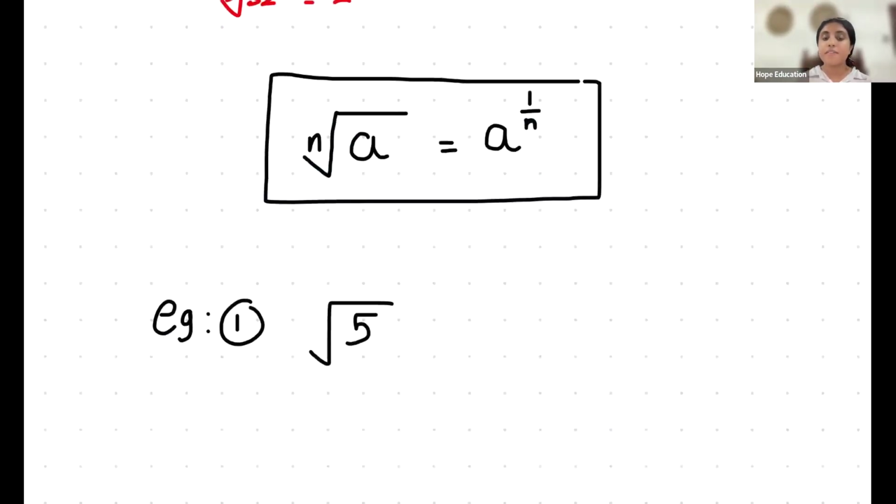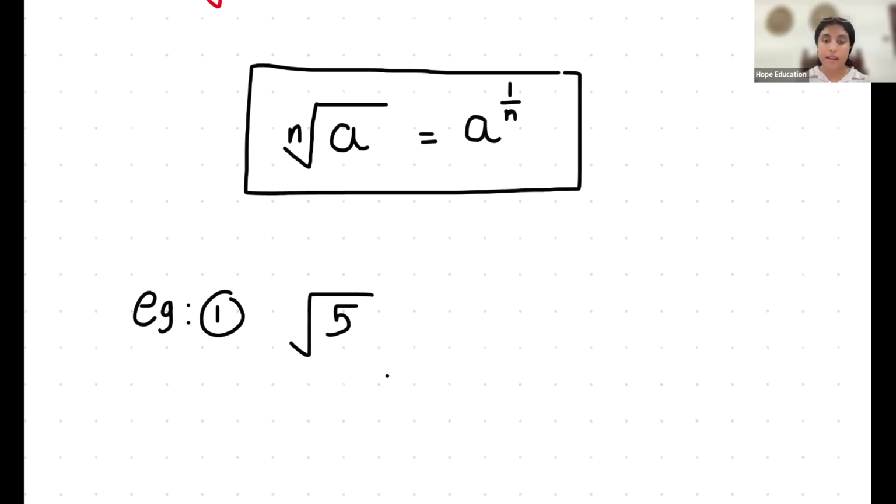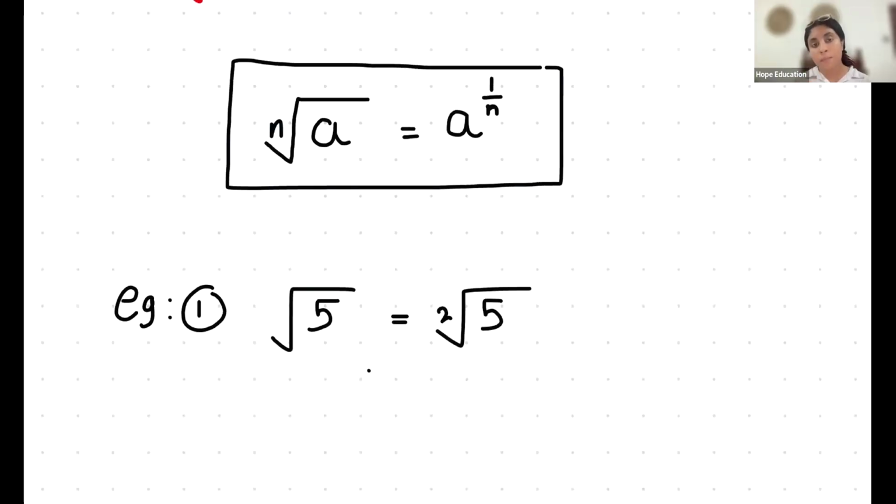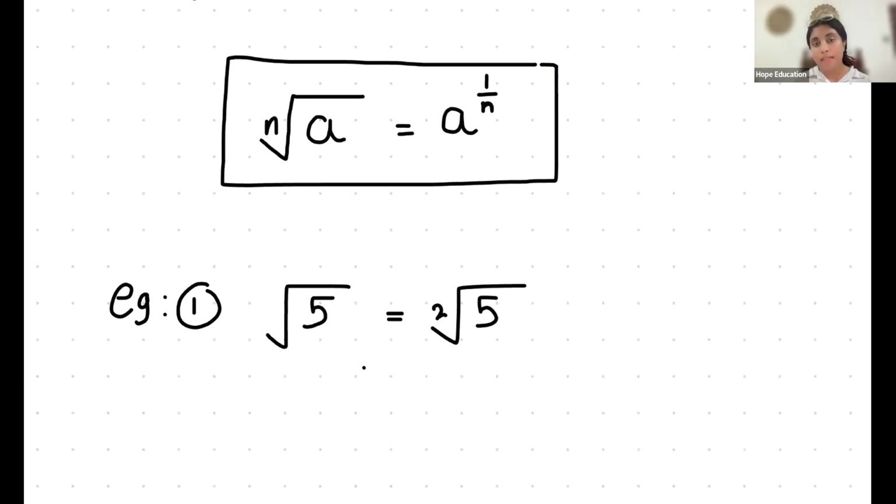I said the root of 5. You know for the root of 5 there should be a 2 here, but we just don't write it. So I can write this root 5 like this, with a 2. Now look at my rule. A I write the same on this side. So here A is 5, so I write 5 as it is.